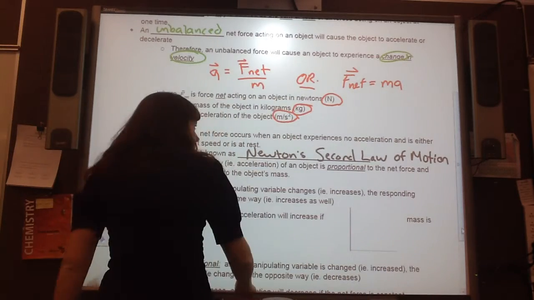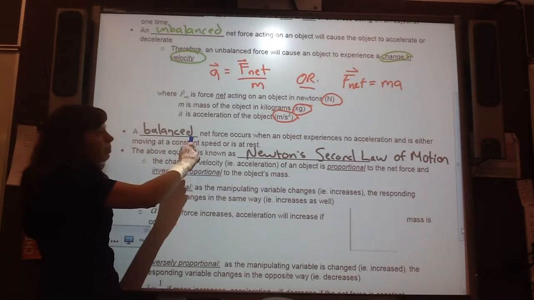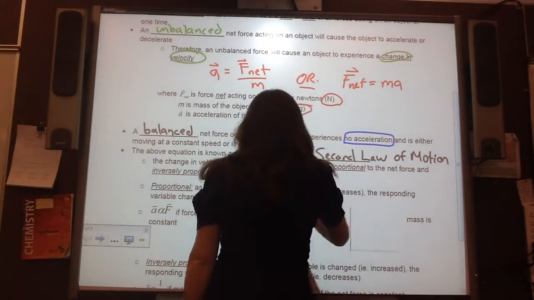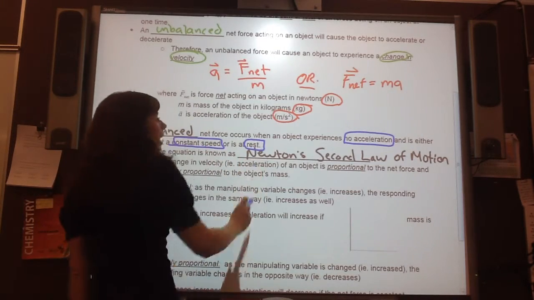Did you notice here that it says an object that has balanced net force is experiencing no acceleration? But that means that they could be moving or at rest.